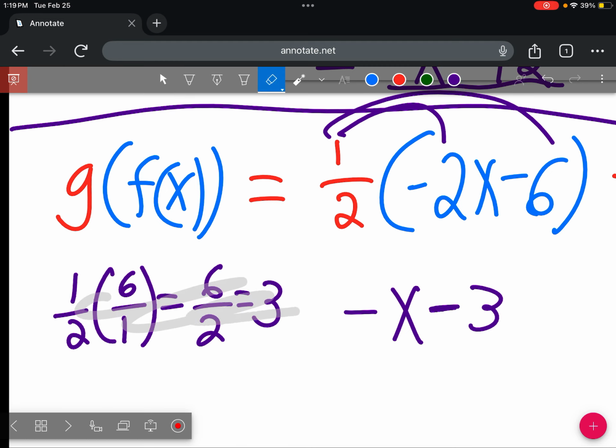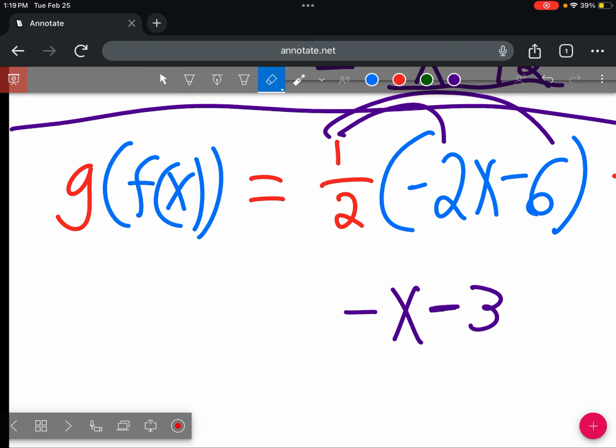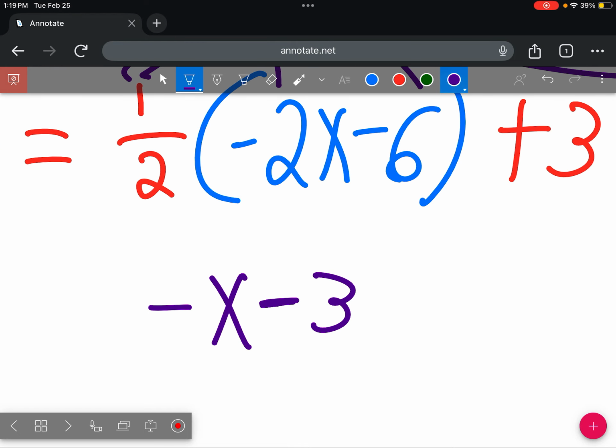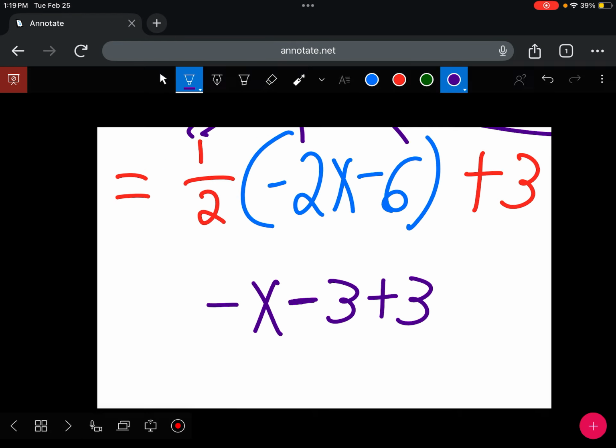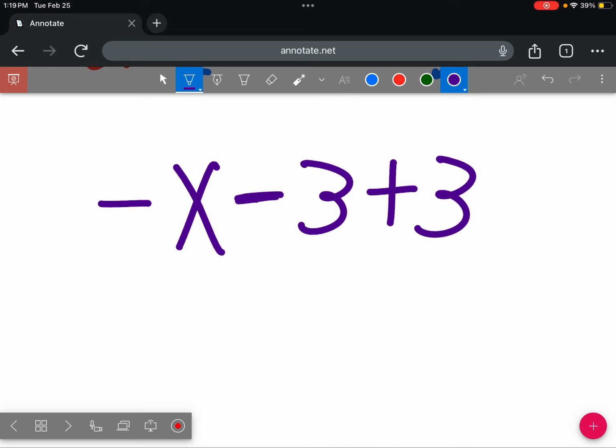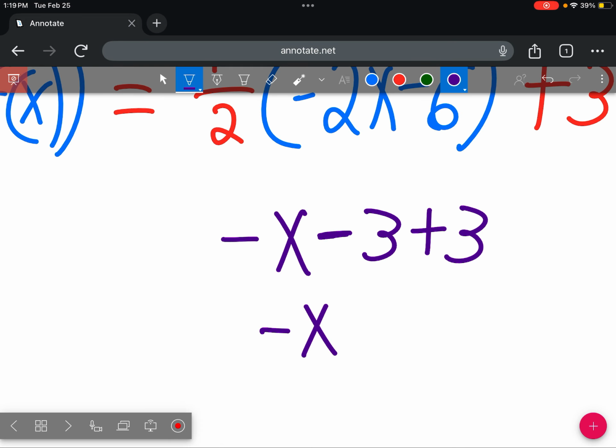So that's why all of this gives us a minus 3. And then we have a plus 3 here, and we have negative x. Is that it? That is it, because these cancel out.